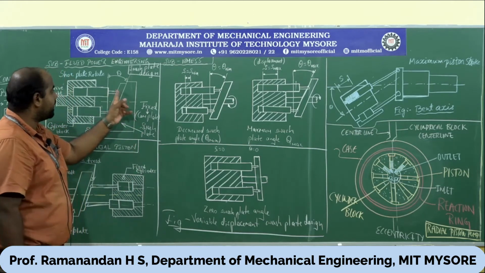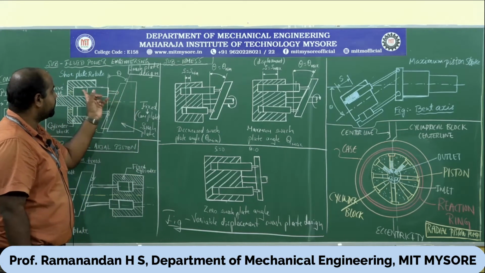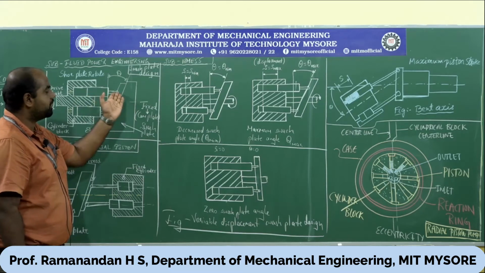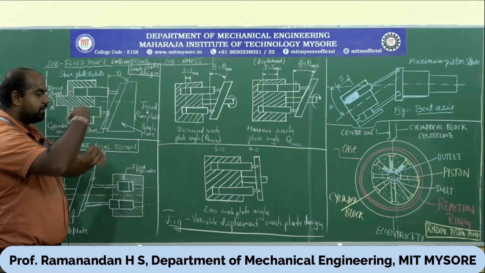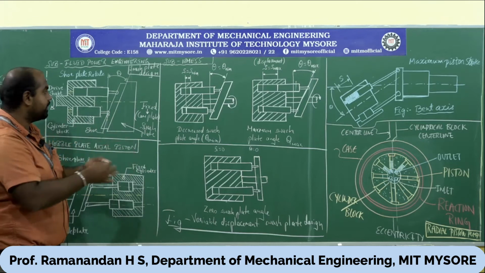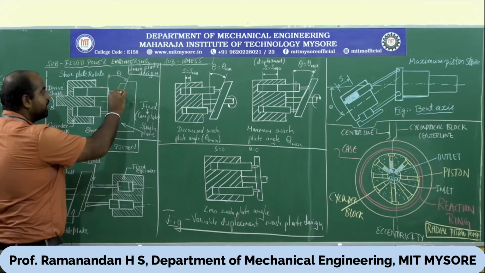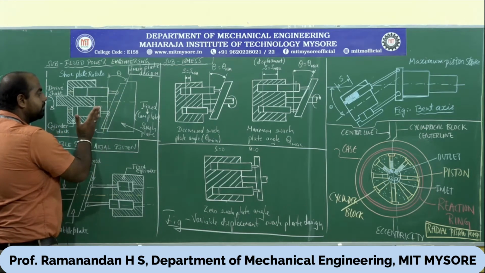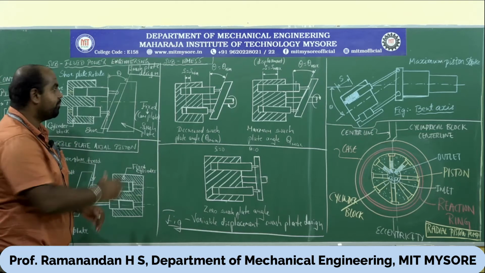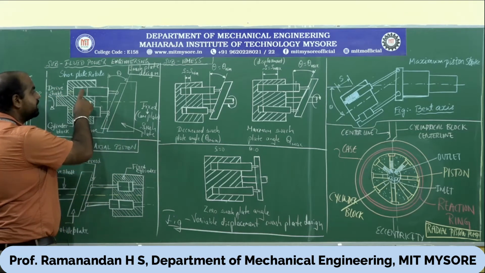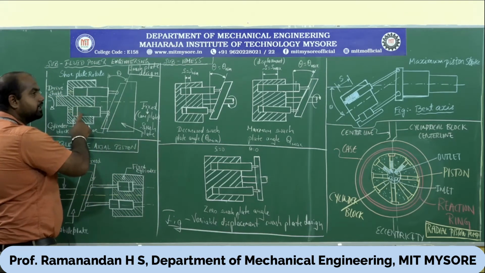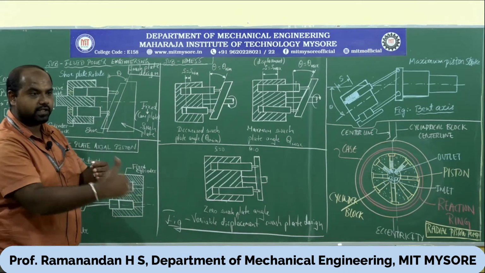The piston can travel in and out because we have to provide the displacement for the piston. Whenever the cylinder block is revolving, since the cam plate is at an angle, the length of the piston is more here and becomes less here. That means suction takes place here, and discharge takes place in the lower end of the cylinder.